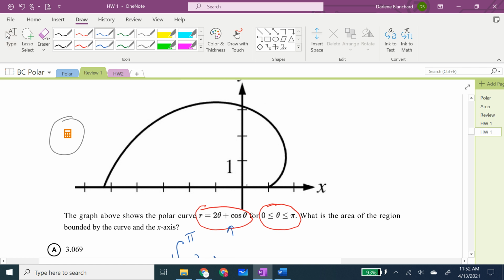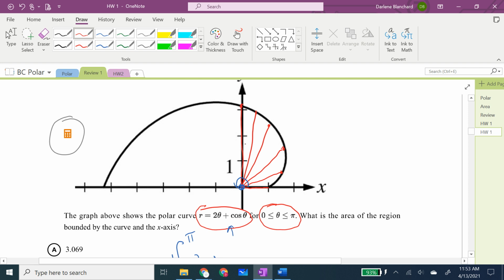As theta turns from 0 to pi, draw spokes coming out of the origin. So that means angle 0, and just draw it from the pole over to the function. Then I'm going to draw from the pole straight line to the function, straight line to the function, straight line to the function.